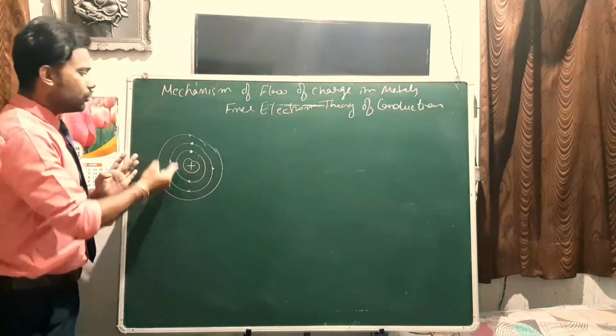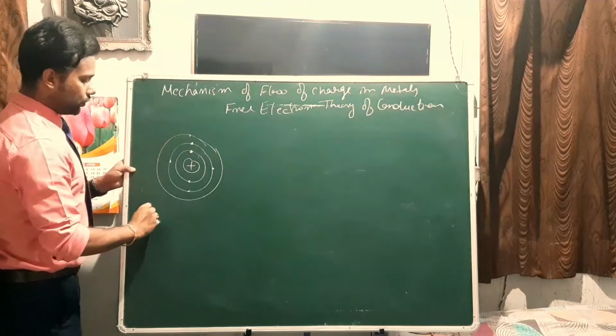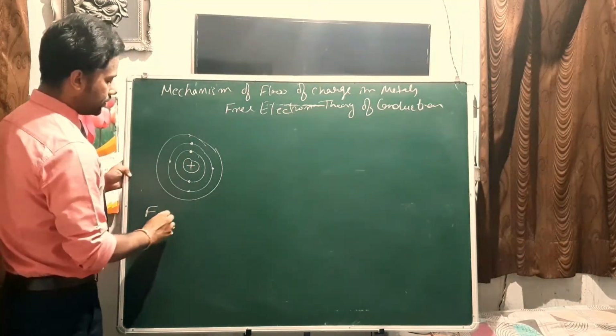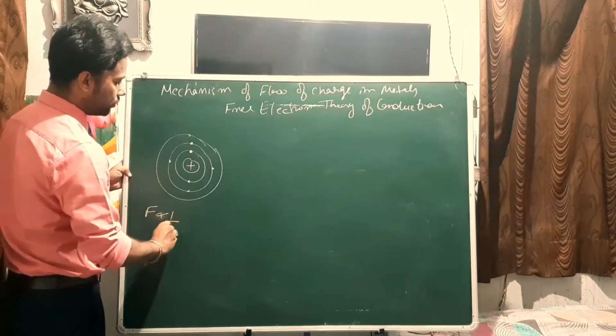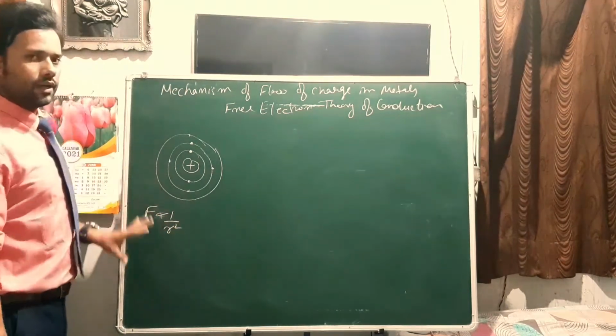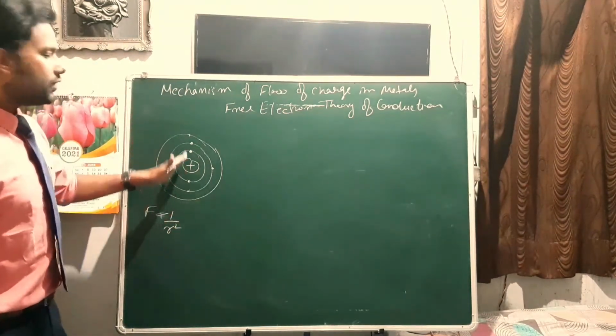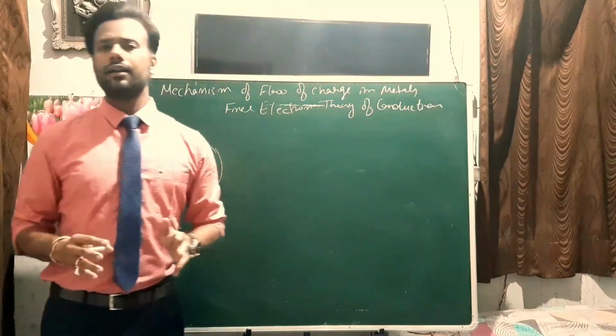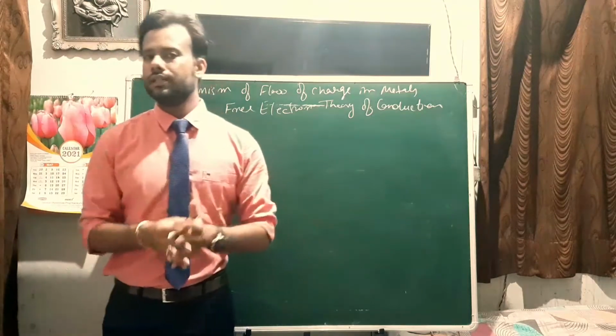Now, as we move away, we know that the electrical force is basically inversely proportional to r square. We have done this in the first chapter. So as we move away from the nucleus, the attractive force acting between the nucleus and electron decreases.